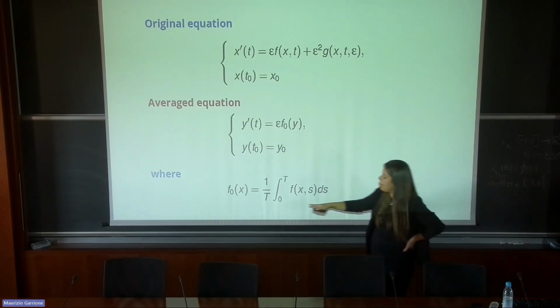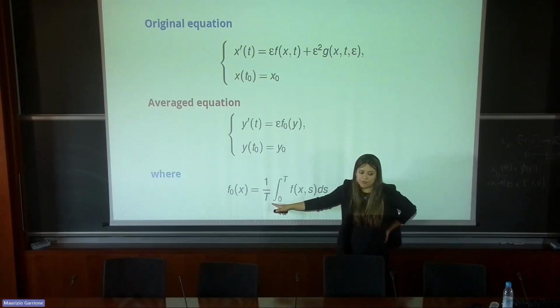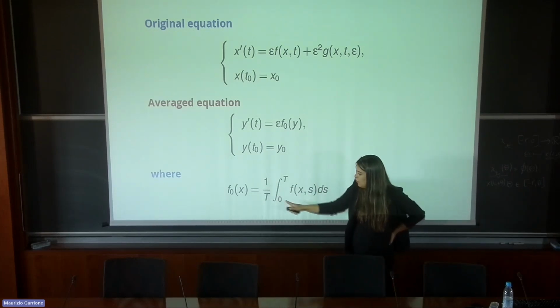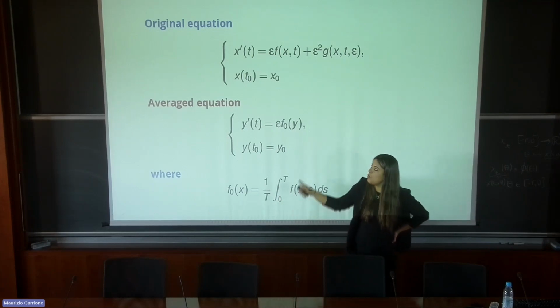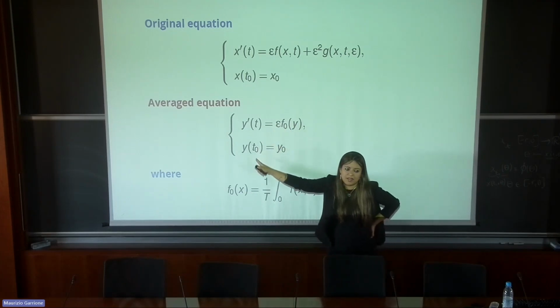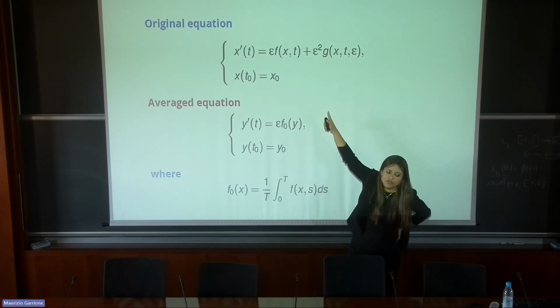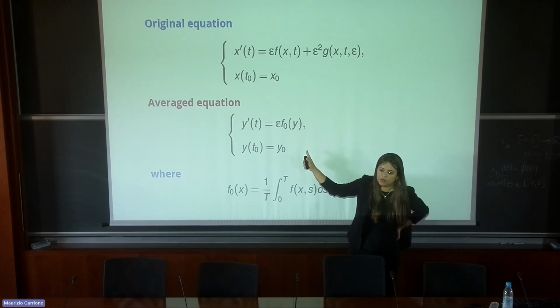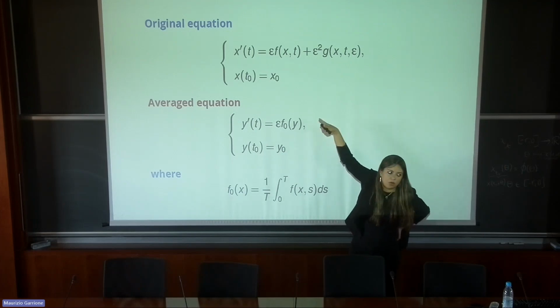If you define your f0 like that, where T is the period of your function f, as the average, then we can construct this averaged equation that we have here. And we know that the solution of the original equation is very close to the solution of the averaged equation, of course under certain conditions like boundedness and Lipschitz conditions.